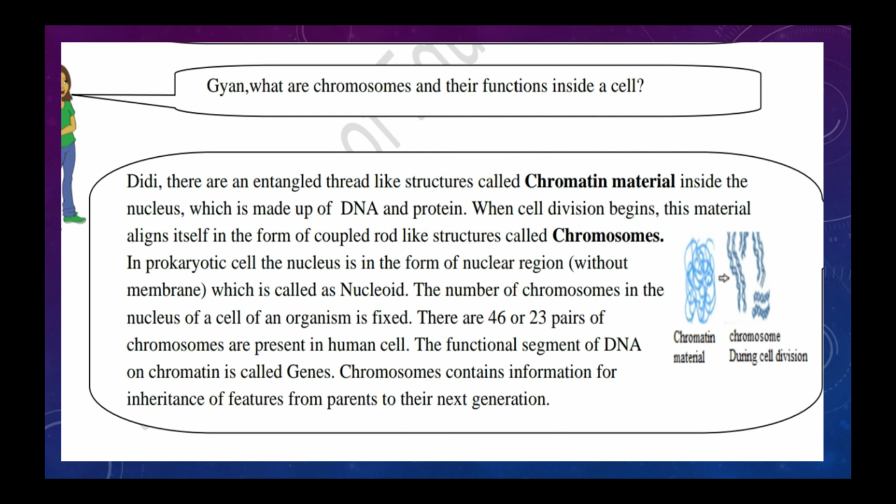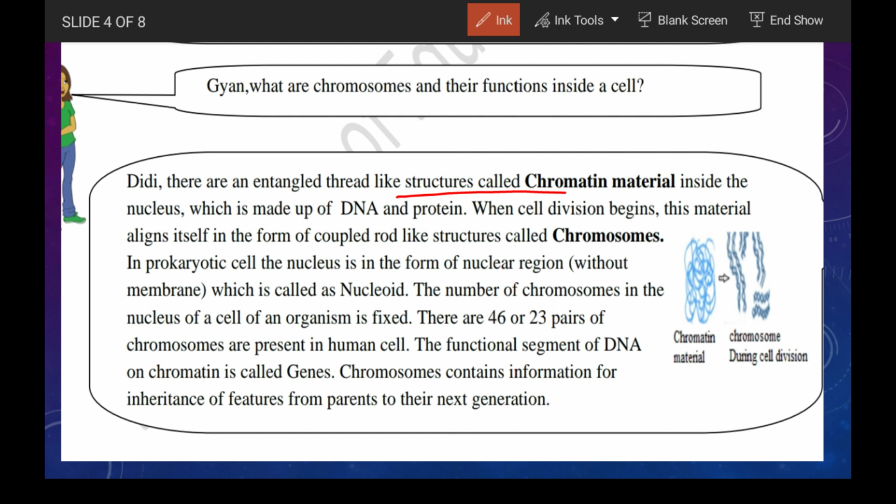Gyan says, Didi, there are entangled thread-like structures called chromatin material inside the nucleus, which is made up of DNA and protein. As I told you earlier, this is your whole genetic material. And when the cell divides or division begins, this material aligns itself in the form of rod-like structures called chromosomes. Look here, it is also shown in the diagram.